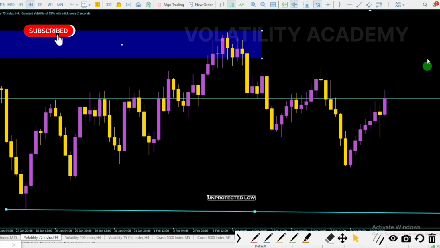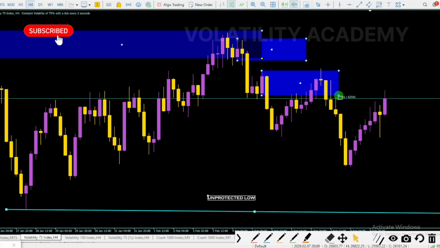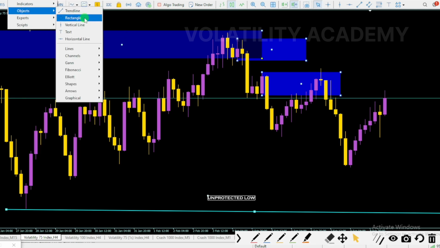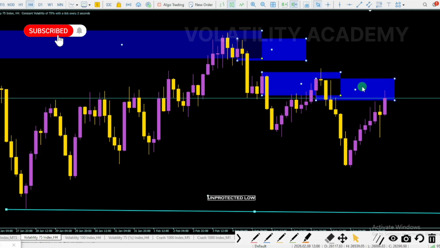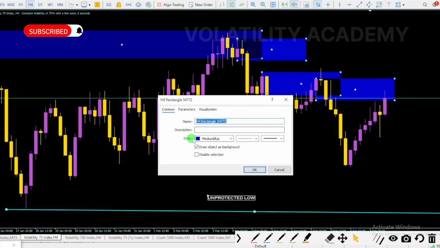So for now I will keep riding with the market until it does something different. At the moment, like I said, if you missed the first sell, you had the chance of entering here, the market failed to come back there, you had another chance of entering here, the market respected it, and now we are right here. I'll change the color to a dark blue again.